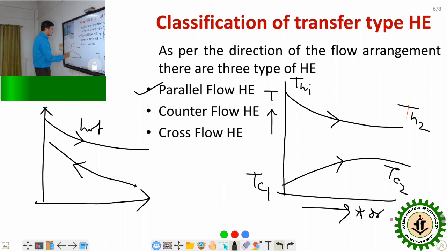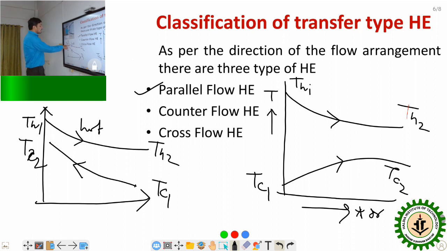Here the temperature TH1, here TH2. And here the temperature TC1, that is the cold fluid inlet temperature, and here cold fluid TC2, outlet temperature. Look here, the arrows are opposite to each other. So this is the counter flow heat exchanger.